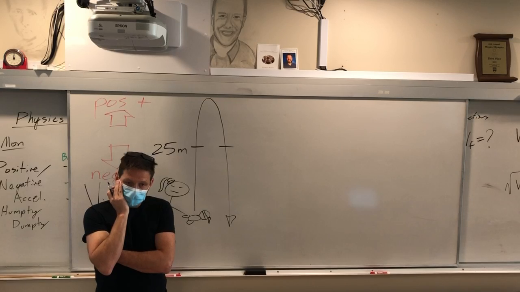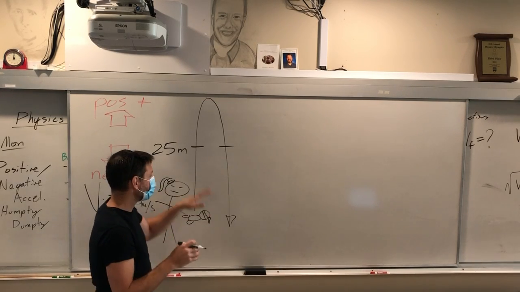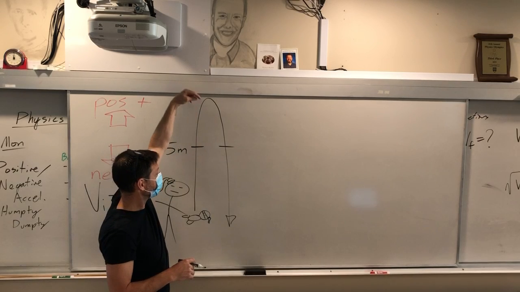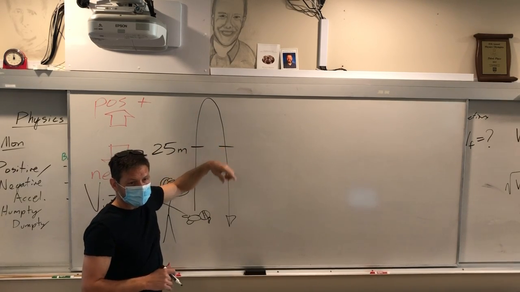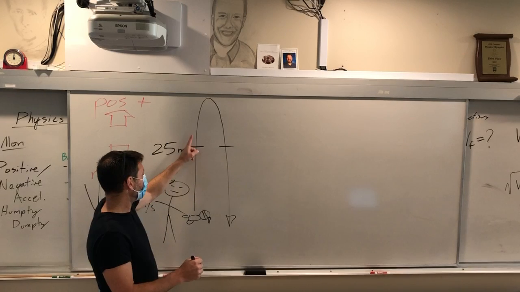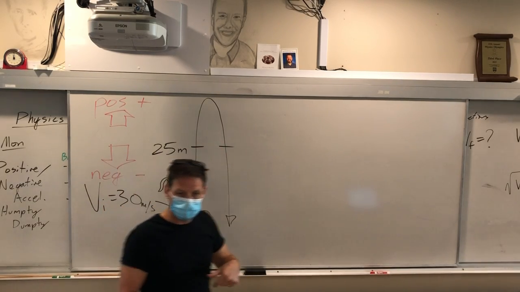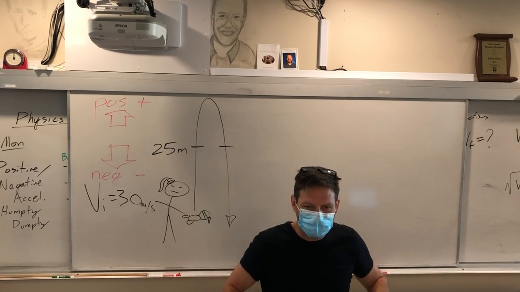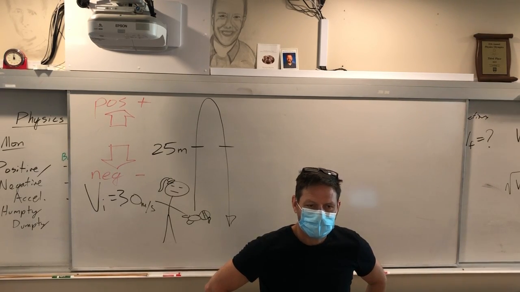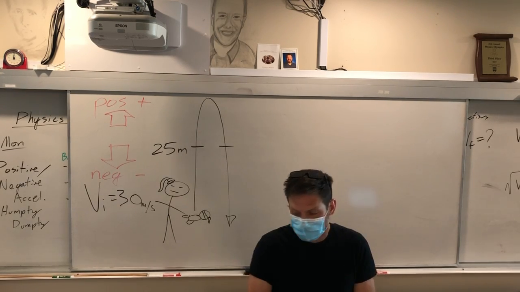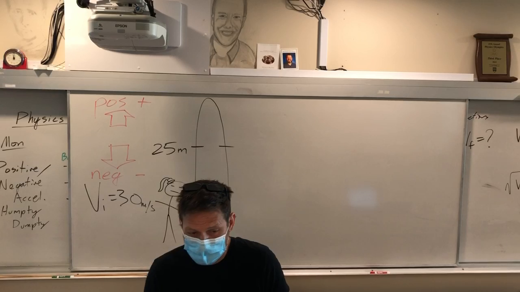that's the displacement, right? That's going to happen at two different times, on the way up and on the way down. Is the displacement different on the way up than it is on the way down? Like is one positive and one negative or something like that? Or is it the same displacement at both times? The answer is that it's the same.